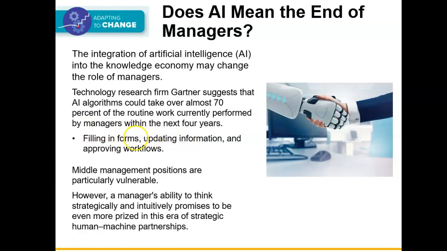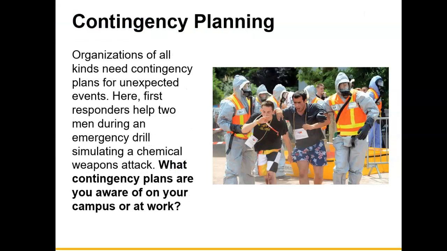Again, it predicts that AI could take over almost 70% of the routine work performed by managers within the next 4 years, which means that you will have to be able to distinguish yourself, set yourself apart from your competitors, because with AI, there will be a shortage in the workforce, potentially from a jobs perspective, because AI is doing the job of multiple people.